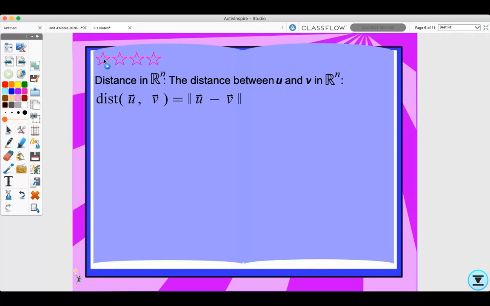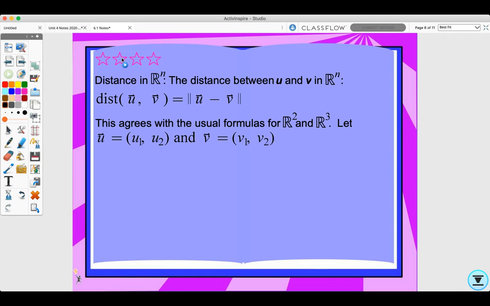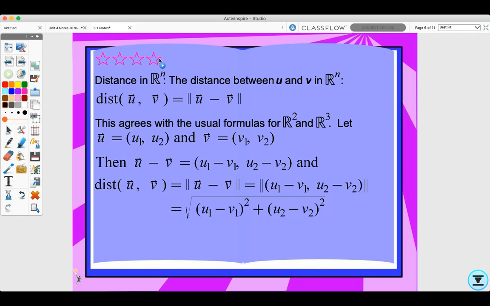Distance in Rn. The distance between u and v in Rn is as follows. Distance of u and v is the norm of u minus v. This agrees with the usual formulas for R2 and R3. Let u be (u1, u2), and v be (v1, v2). Then u minus v equals (u1 minus v1, u2 minus v2).